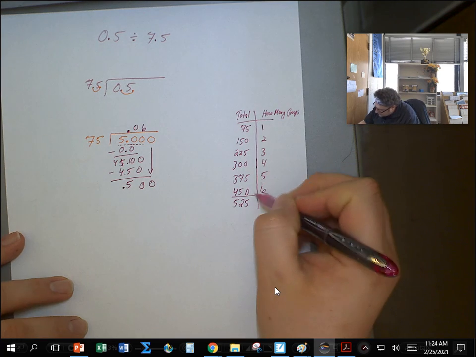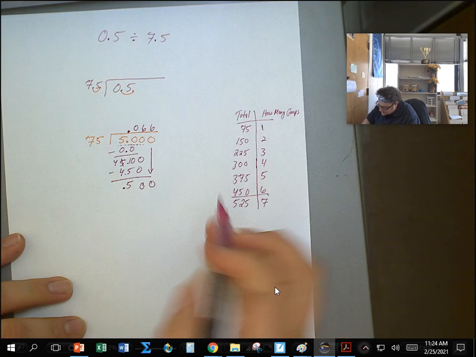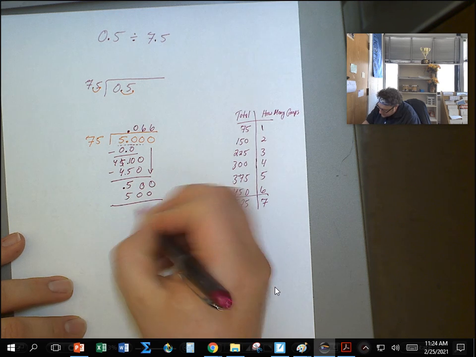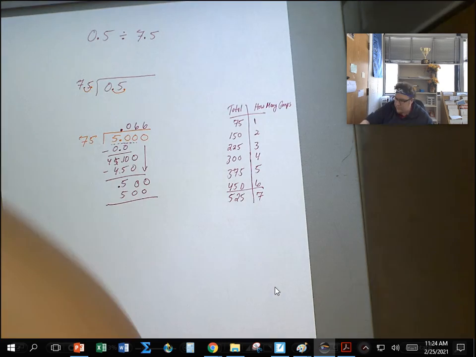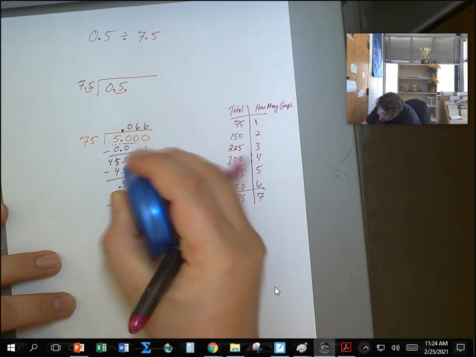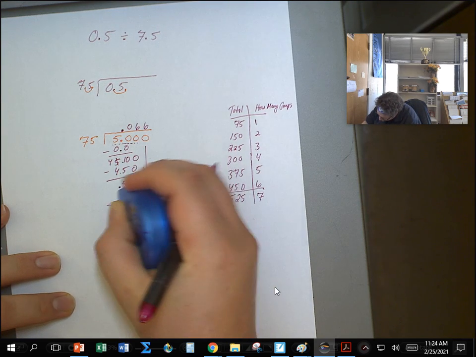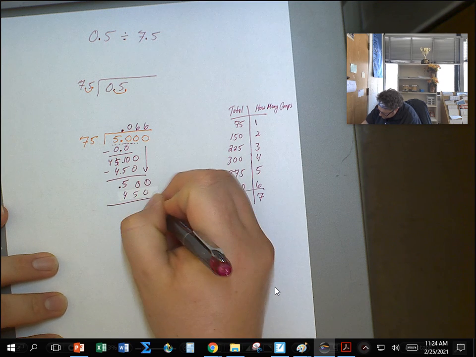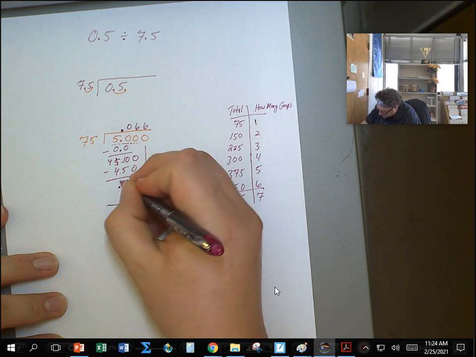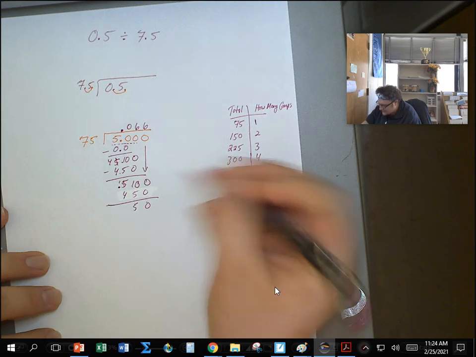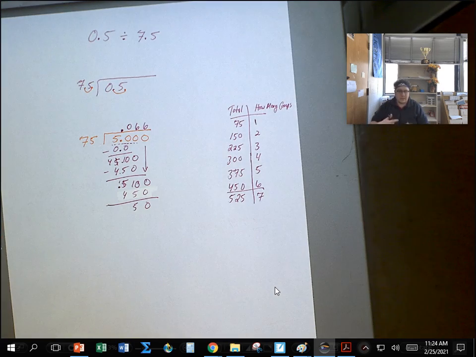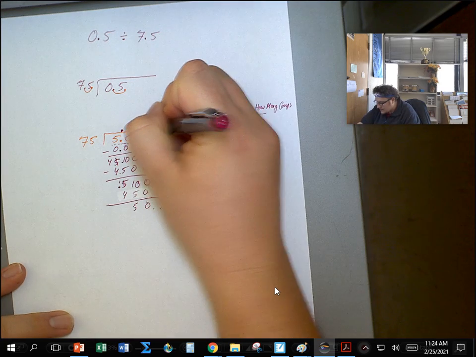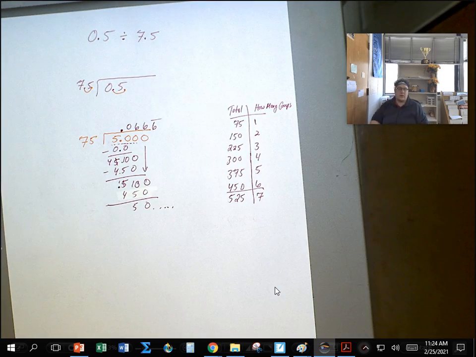So we're going to go again and get a 6. 6 times 75, that's 450. Same thing will happen. Right, so you can kind of see this pattern is going to continue. So because this continues, we're going to have 6, and we would just put a repeating sign over it.